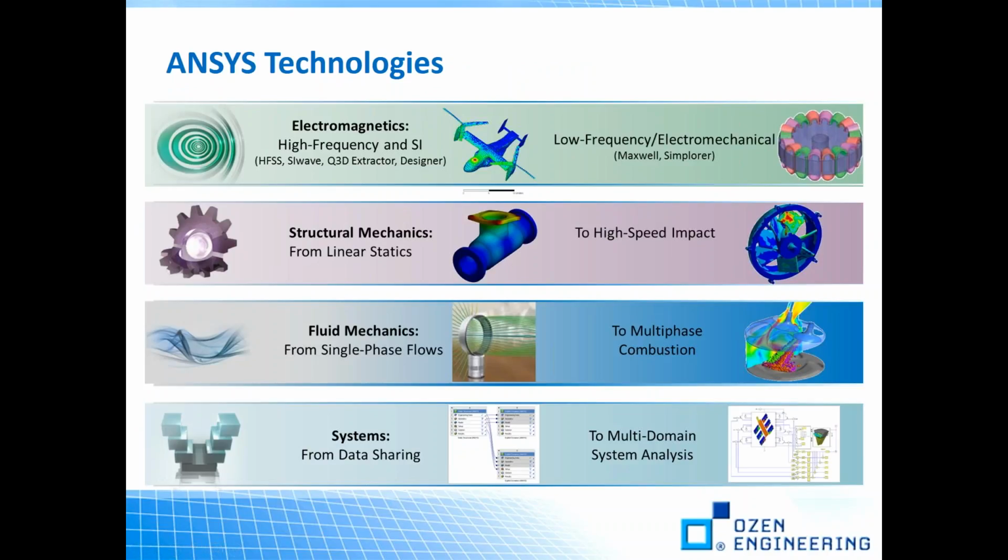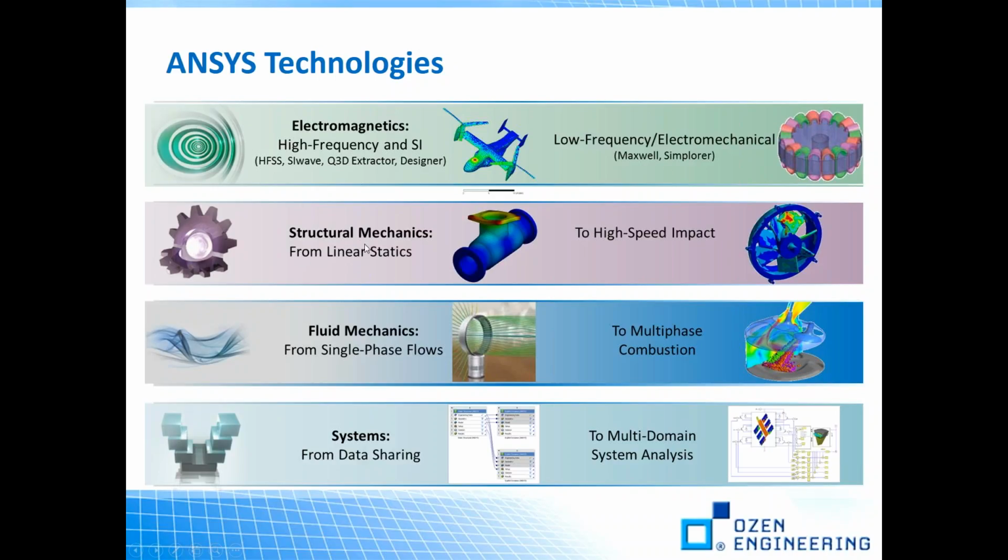Here are ANSYS technologies. ANSYS supports electromagnetic products, both in high frequency and low frequency. The high frequency products are HFSS, SIwave, Q3D Extractor, and Designer, and in low frequency, especially for electromechanical applications, it's Maxwell and Simplorer.